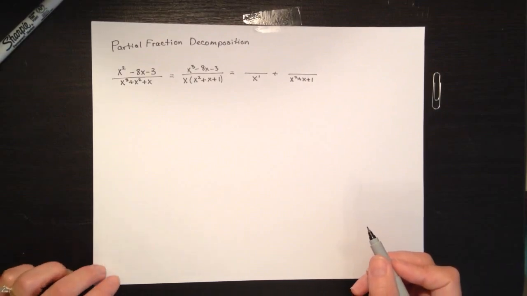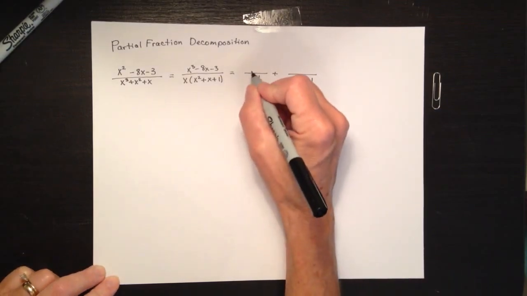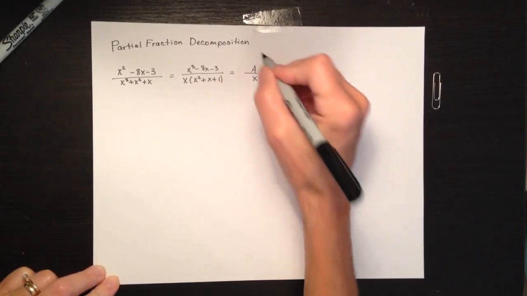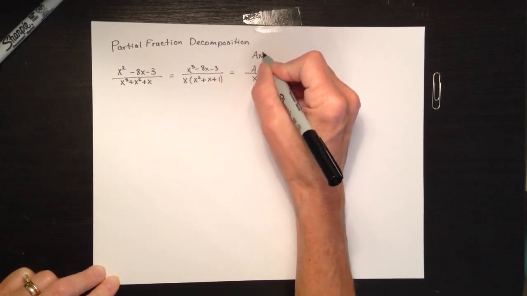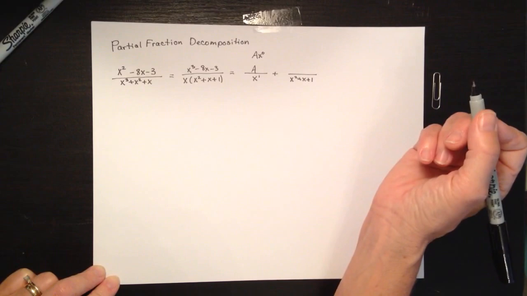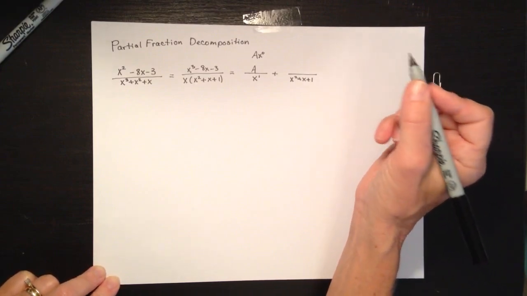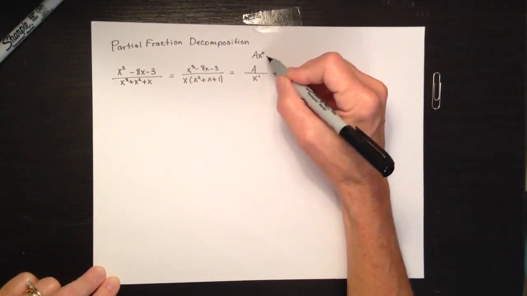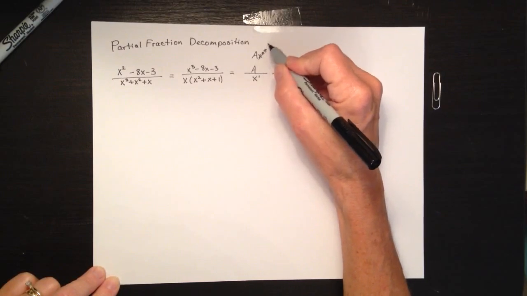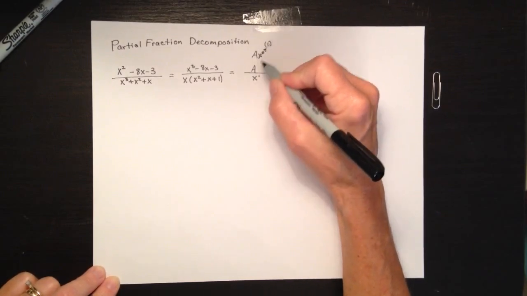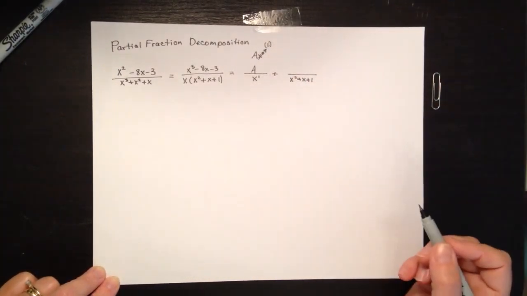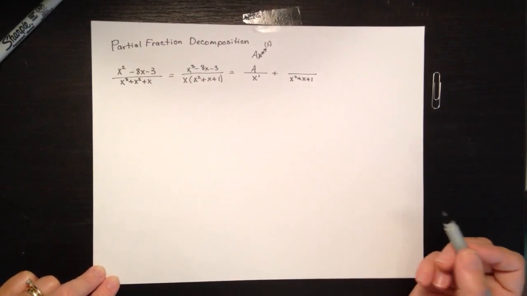So we just get a constant term, a. Technically this would be a times x to the 0. That's why I'm calling it degree 0, because the degree on the x would be 0. But anything raised to the 0 power is really a 1, and a times 1 would just be a. That's why I'm just writing a constant as a letter, a variable.